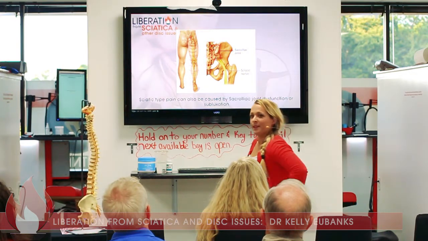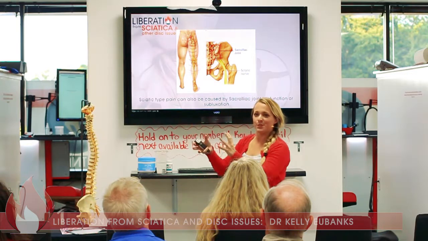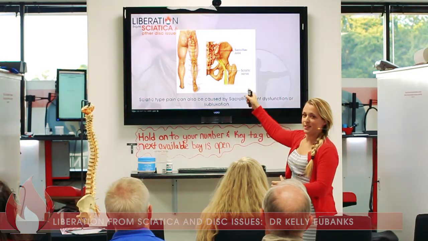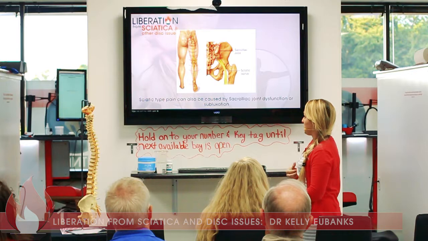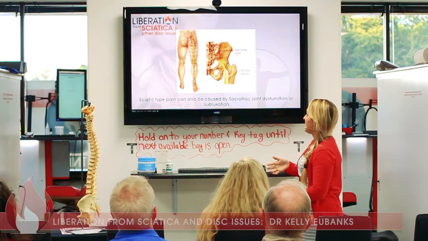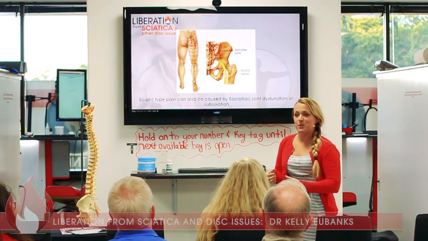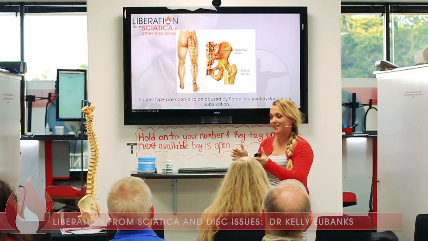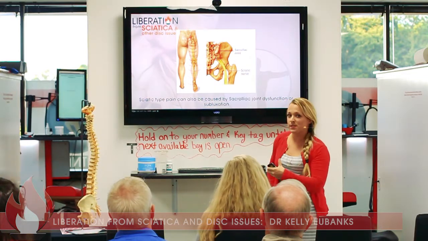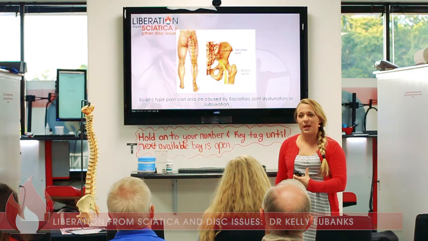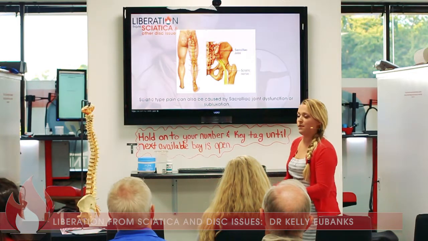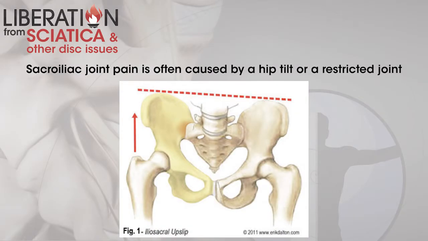So if you're walking, you're moving your ilium and your sacrum. You want good motion in these joints. It's important. So I find any kind of inflammation or irritation or subluxation in the SI joint can cause that radicular type pain through your glute and sciatic type pain.